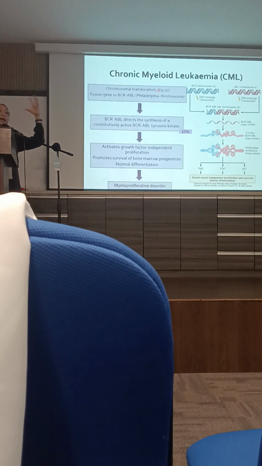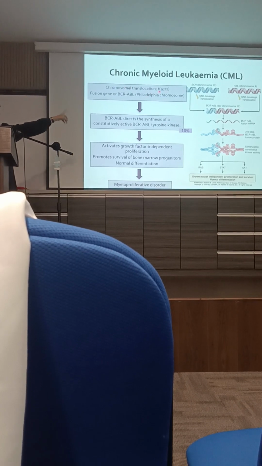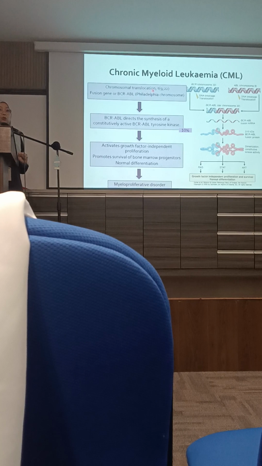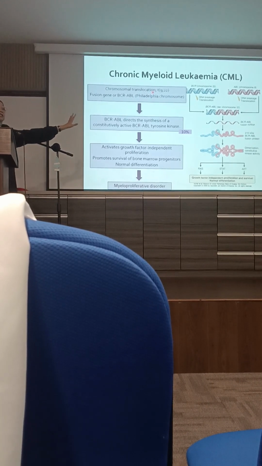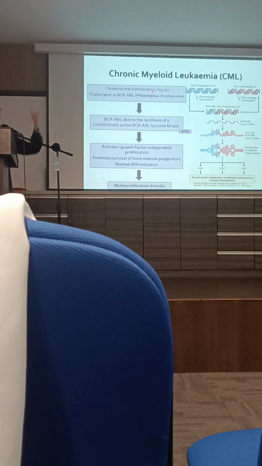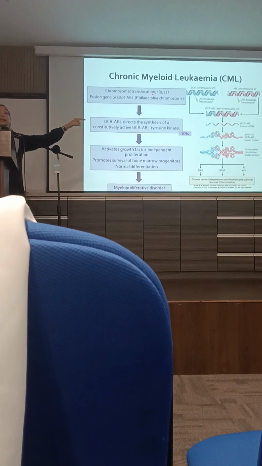These are all acquired chromosomal translocations, acquired abnormalities. Here, the chromosomal translocation is what? Translocation 9;22, also called the Philadelphia chromosome. The first genetic aberration that was found to be linked to a cancer.